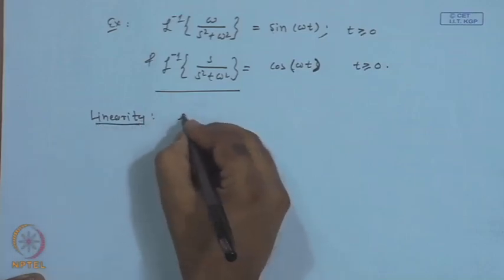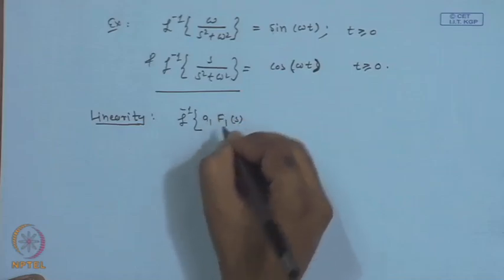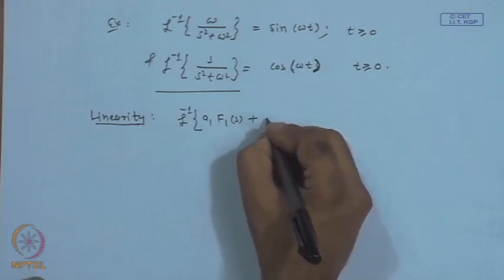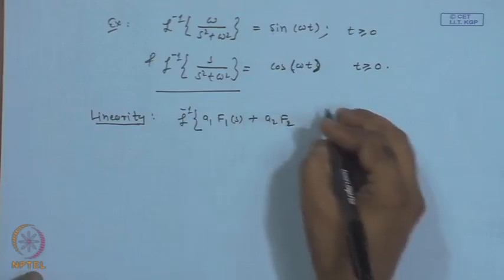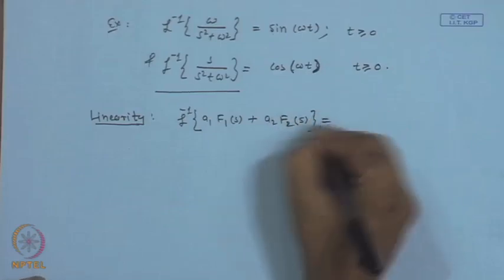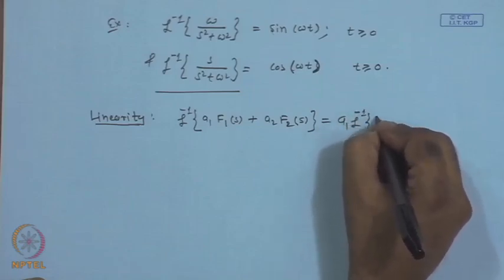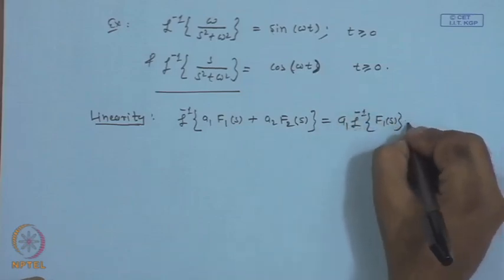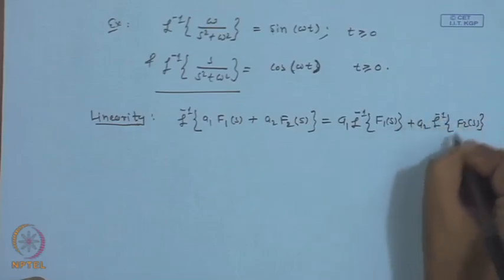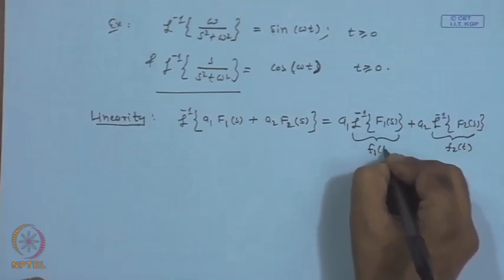This linearity property says that if the Laplace of the f1(t) function is F1(s), and the Laplace of the f2(t) function is F2(s), then the Laplace inverse of a1 F1(s) plus a2 F2(s) is a1 times the Laplace inverse of F1(s), which is f1(t), plus a2 times the Laplace inverse of F2(s), which is f2(t).